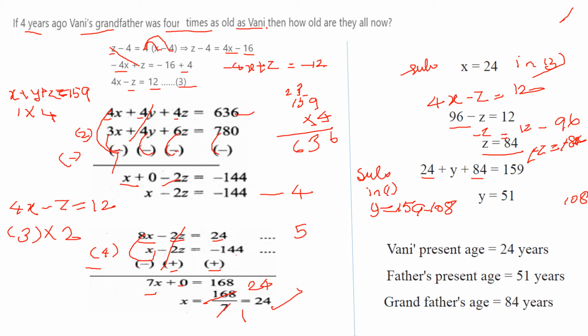So Y equal to 51. Therefore Vani's present age 24 years, father's present age 51 years, grandfather's age 84, because this is X here, this is Y and Z.